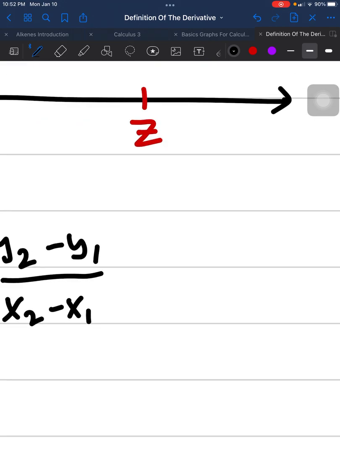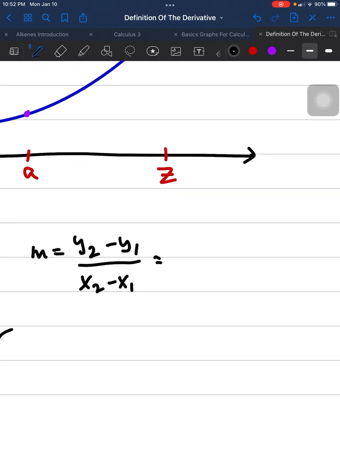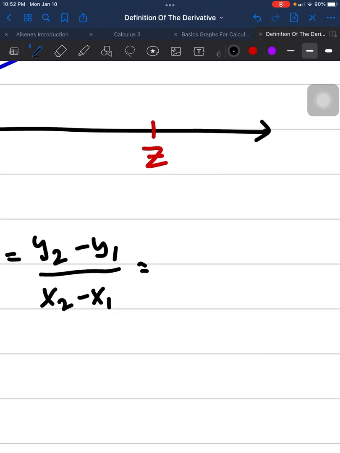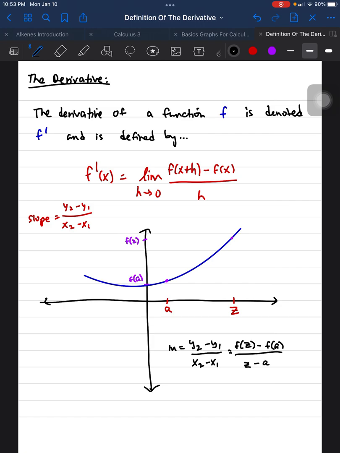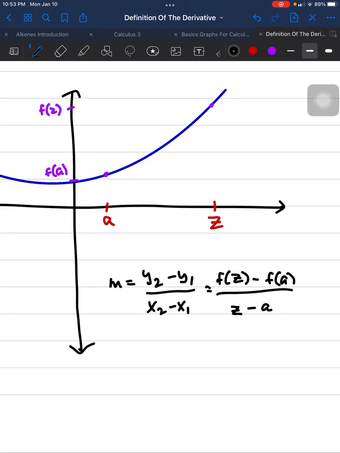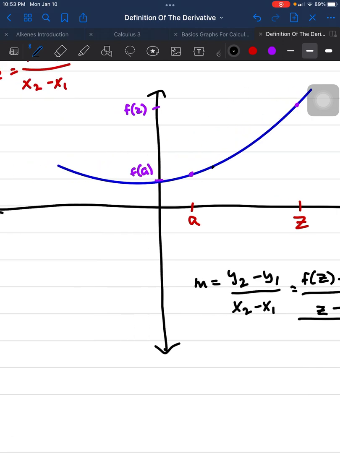But in this case, when we're trying to find the tangent, it's going to be denoted f of z minus f of a over z minus a. So this is the slope of this curve right here.